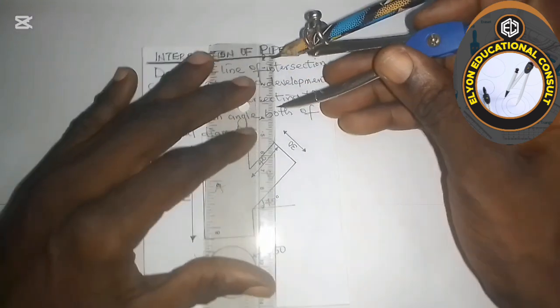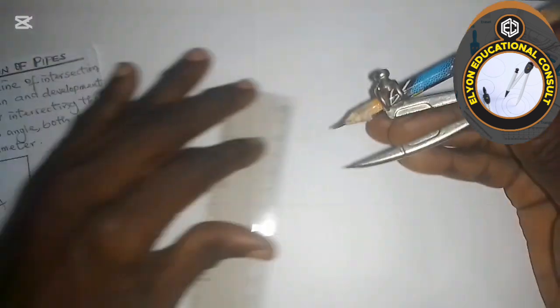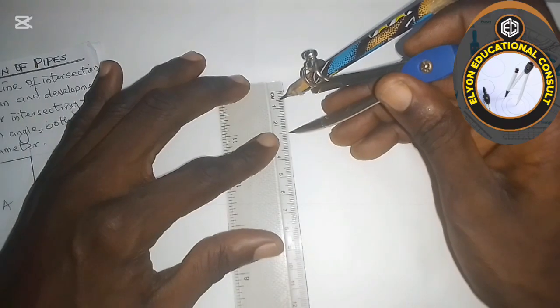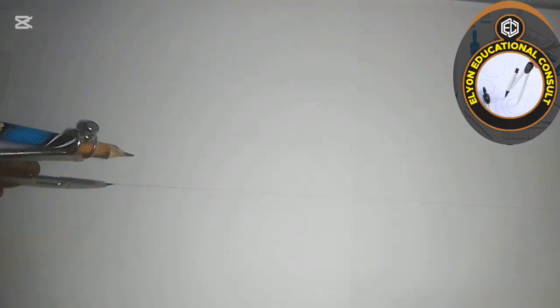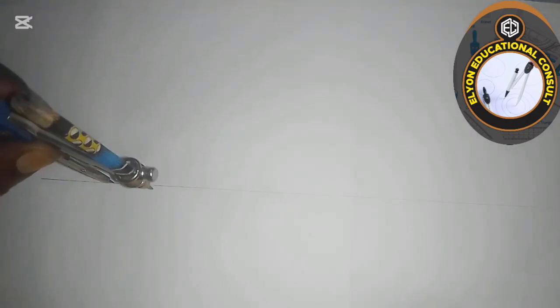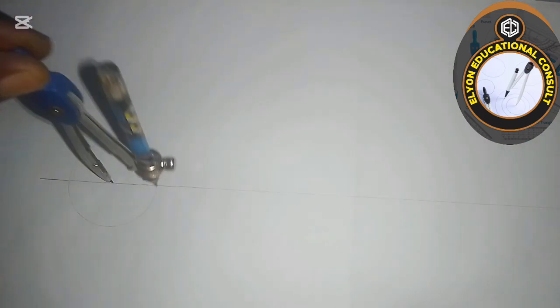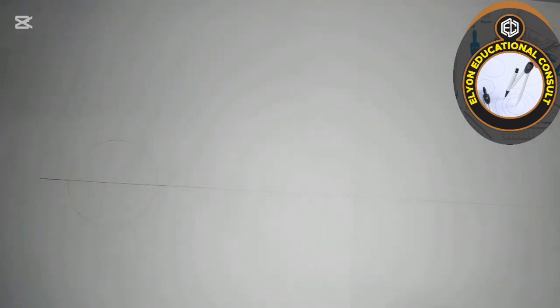Stretch my compass to 25, and circle this way. All right, so which I'm going to highlight later. I'm going to take out that later.